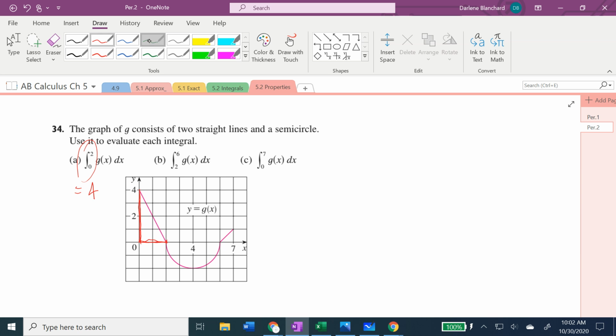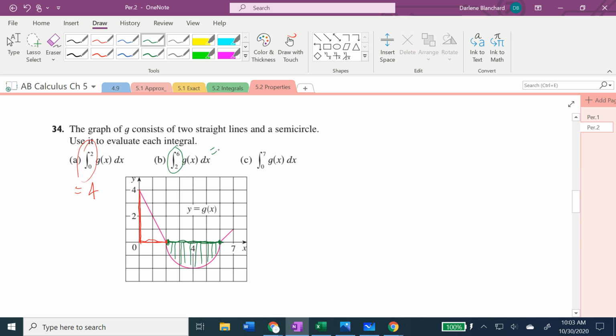The next one wants me to find the integral of that same graph, but from 2 to 6. So here's 2, here's 6, and I want to draw vertical lines from the graph to the x-axis to see the region whose area I'm finding, and also to notice that it's under the x-axis.